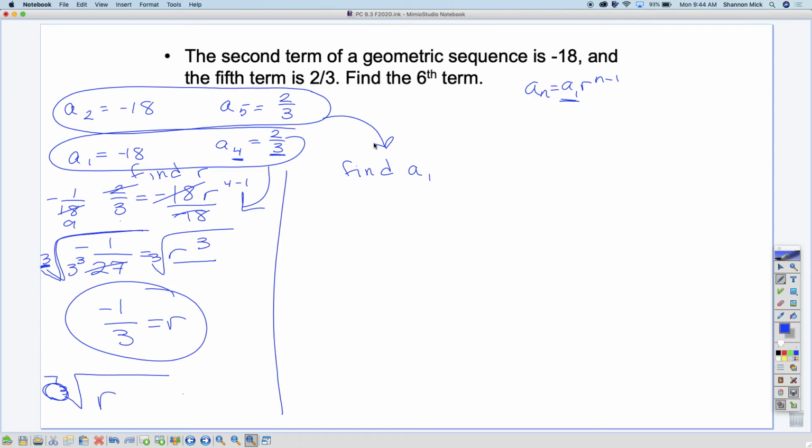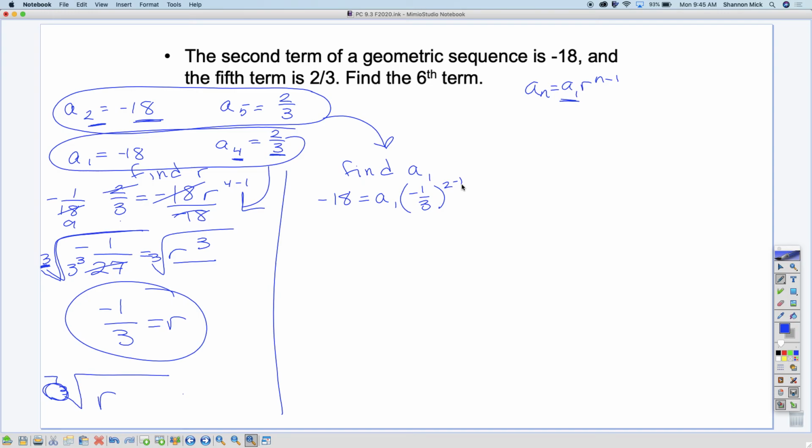So, what do you guys want to use? 2 or 5? 2. Okay, so 2 is my n, and negative 18 is my a sub n. So negative 18 equals a sub 1 times r, which is negative 1/3, to the 2 minus 1. 2 minus 1 is 1.